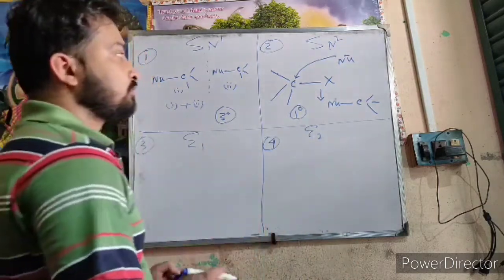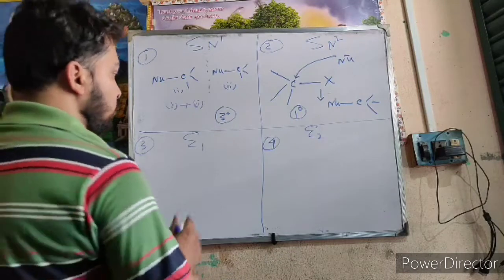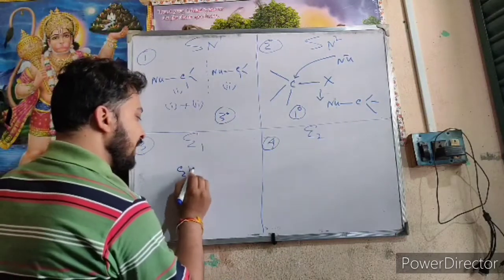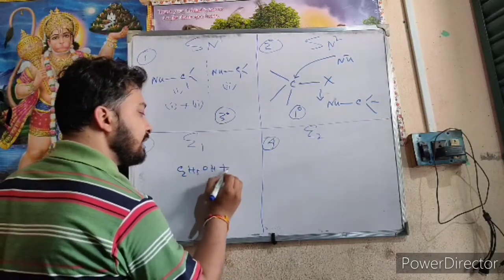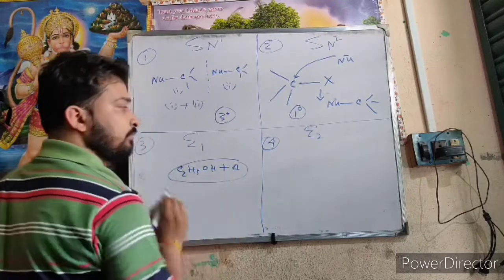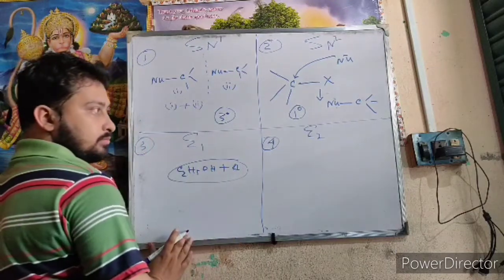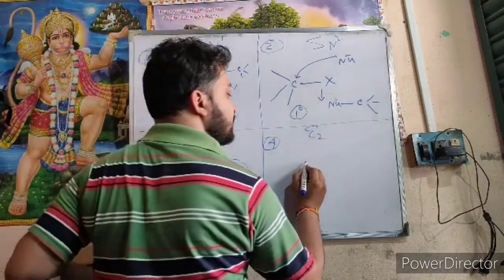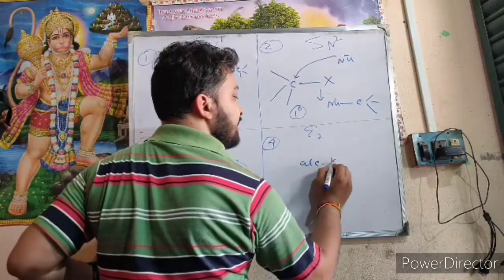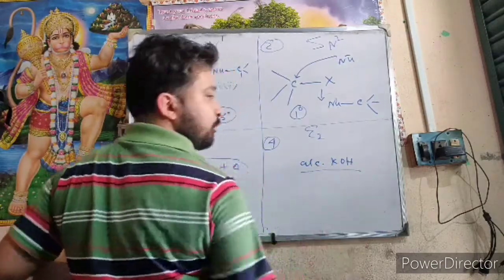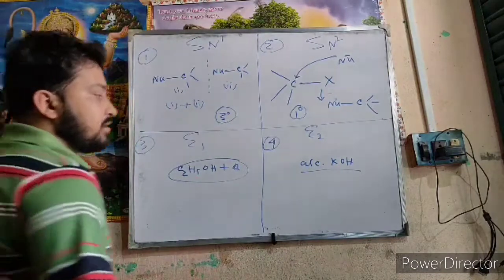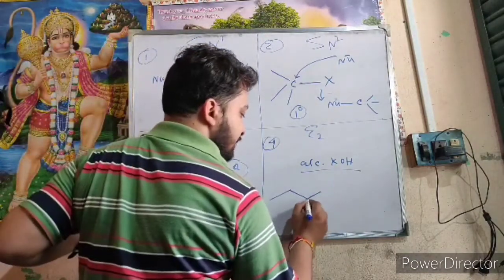Same for E1 and E2. For the E1 reaction we need C2H5OH and heat as the weak base, but for the E2 reaction we use a strong base like alcoholic KOH. How is the elimination formed?